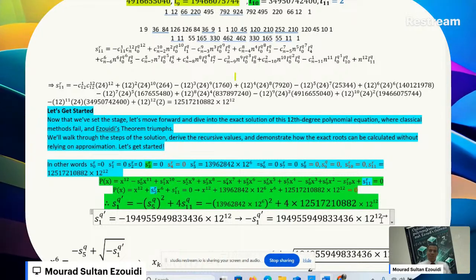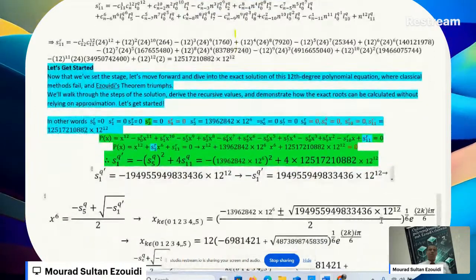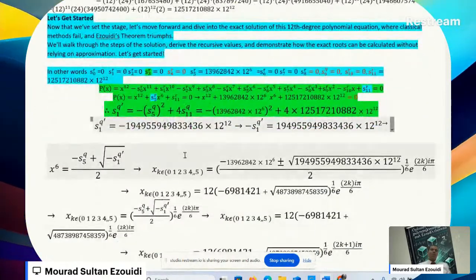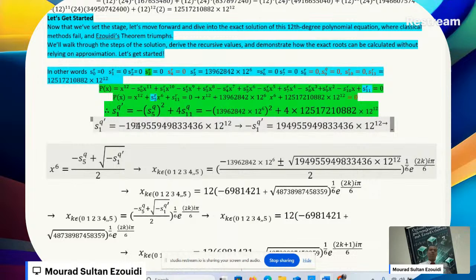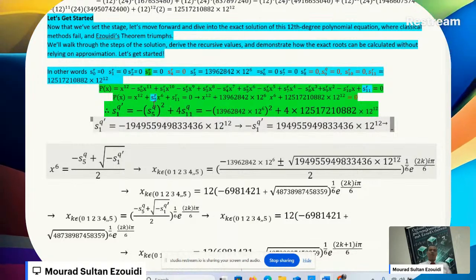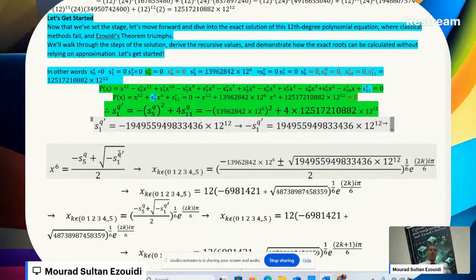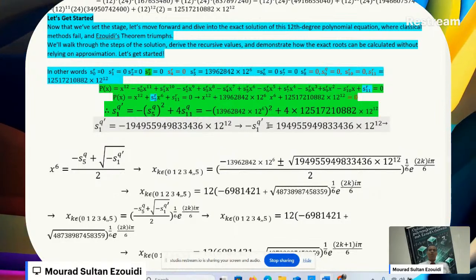So now to solve this, it's very easy. Just write x raised to the power 6 equals negative S5 42 plus or minus the root of negative S1 of 42.